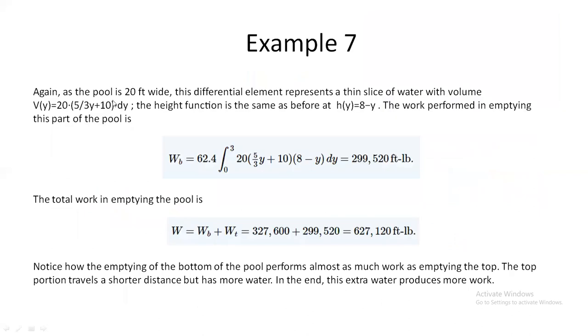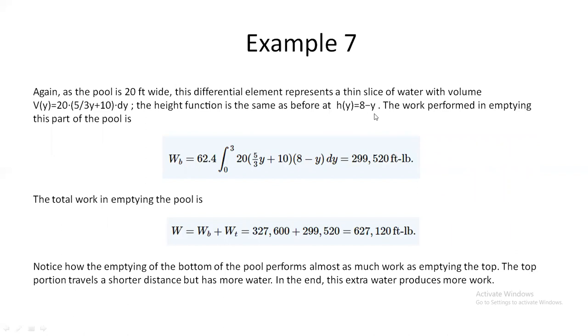So again, the pool is 20 feet wide. I mentioned that already. This differential element represents a thin slice of water with volume. So the volume of the water is the width times the length times the thickness, which is dy. The height function rather is the same as before, which is 8 minus y.